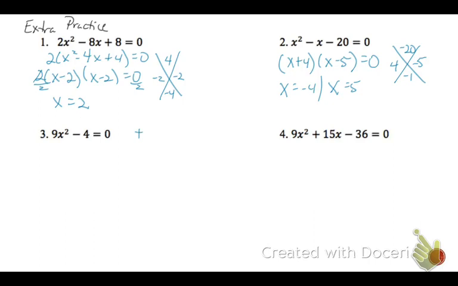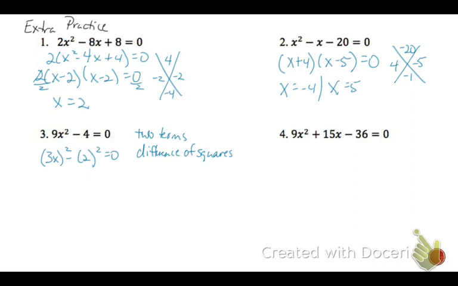Now on number 3, notice that we have two terms. So remember, let's look for a difference of squares. It definitely is a difference. 9 is a perfect square, and so is x squared, and 4. So I realize that 9x squared is 3x being squared, and 4 we can think of as 2 being squared.